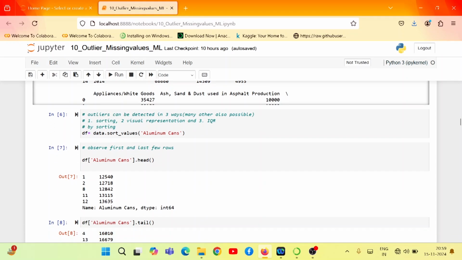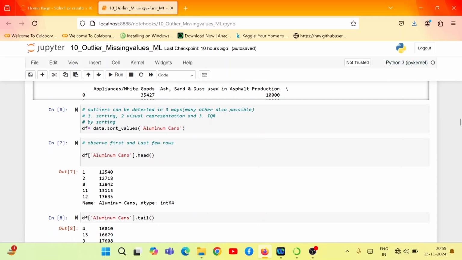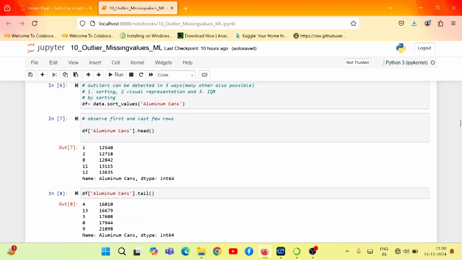Suppose we want to find the outlier in the column called aluminum can. We first have to sort the data set on that column. So we are sorting it, right? If you perform this sorting, this would be the outcome. Now let us observe the first 5 rows by displaying them. This above represents the row index number and the value of aluminum can, right?